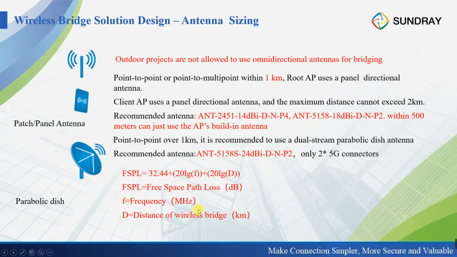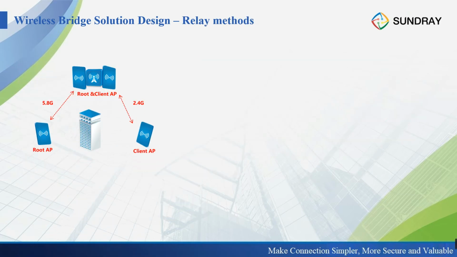For the antenna sizes, the omnidirectional antenna is not recommended for the wireless bridge, so this is very important. For distances within 1 kilometer, we can use patch or panel antennas for the wireless bridge. If it is more than 1 kilometer, we recommend using parabolic dish antennas.